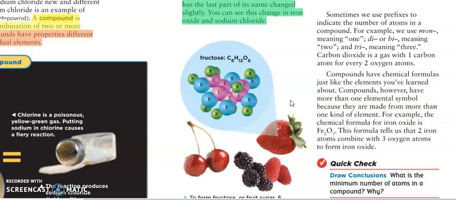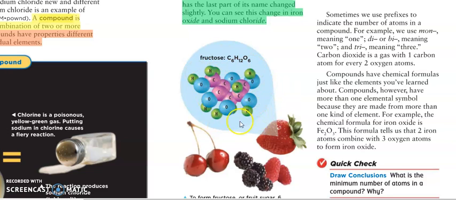So, compounds have chemical formulas just like the elements you've learned about. Compounds, however, have more than one elemental symbol because they are made from more than one kind of element. For example, the chemical formula for iron oxide is Fe2O3. This formula tells us that two iron atoms combine with three oxygen atoms to form iron rust.